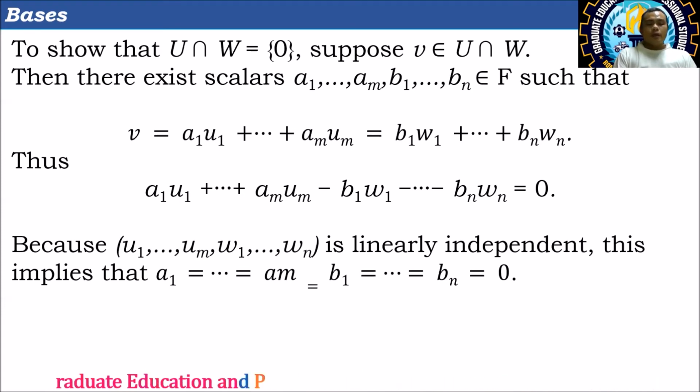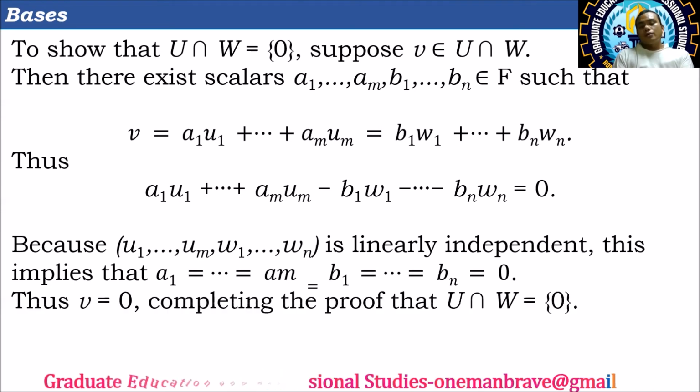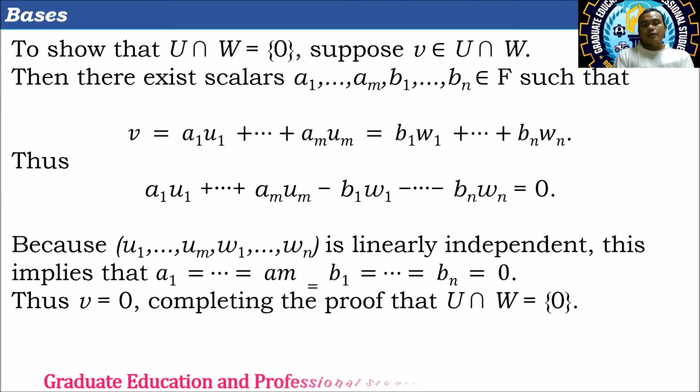Thus, v is equal to 0, completing the proof that U intersect W is equal to 0. So that is for our topic on bases. We'll proceed now to the topic of dimension.